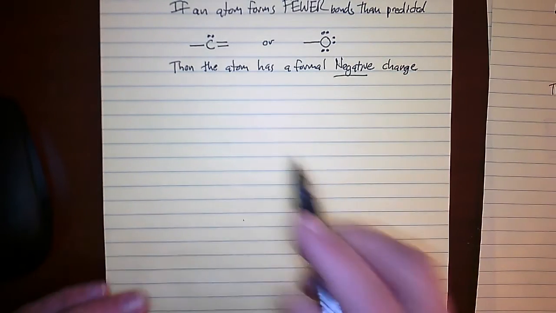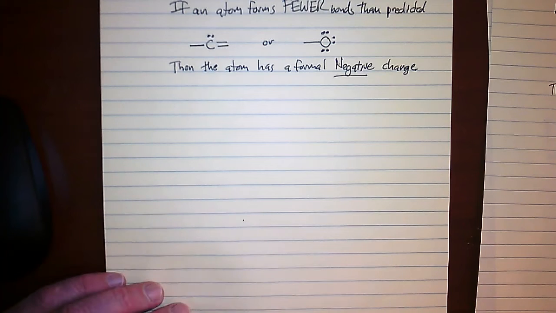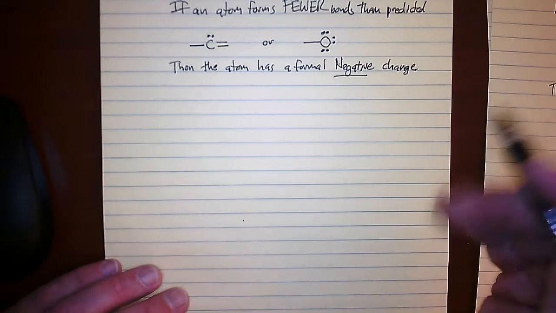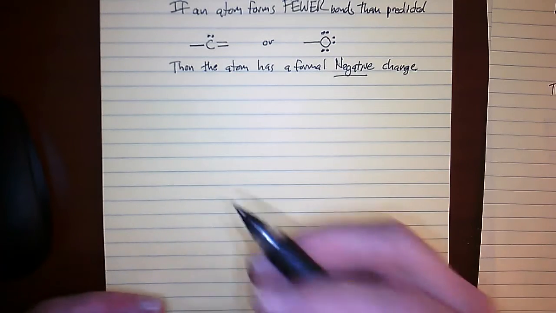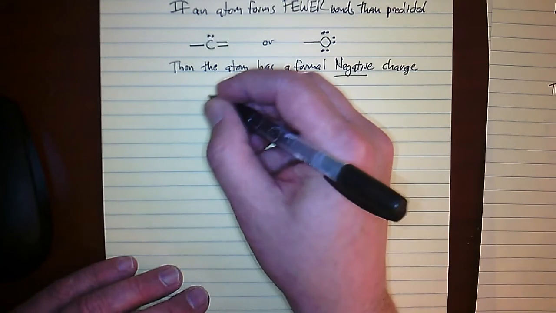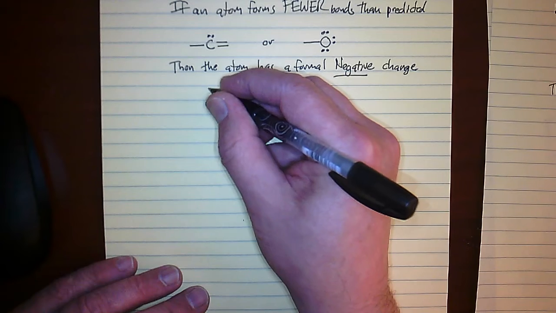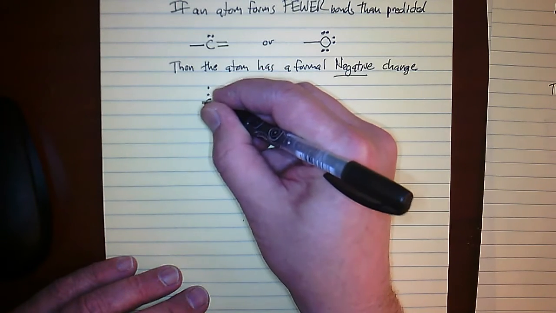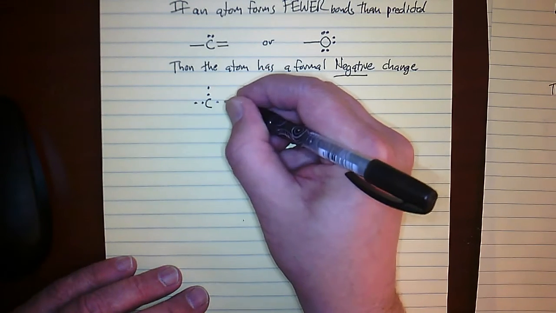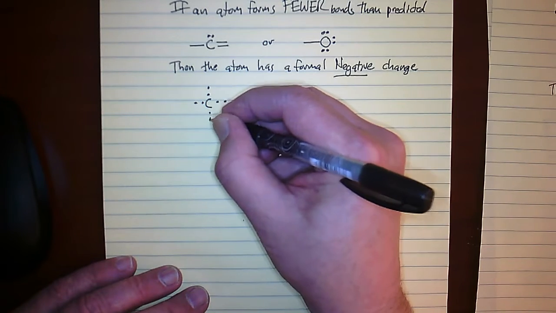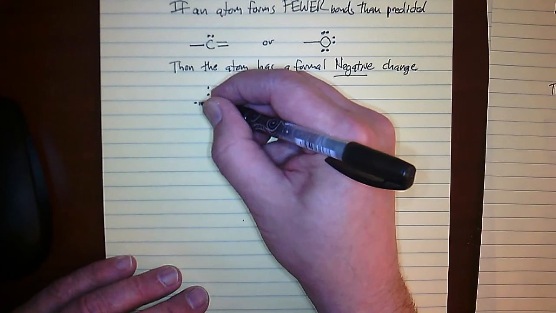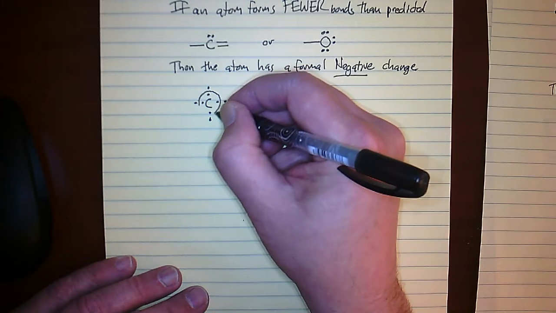Because now the electrons are less pulled off of the atom, and so more of the electrons sit on the atom. So for example, carbon usually looks something like this, with 4 bonds on it. Carbon usually has 4 electrons directly on it.